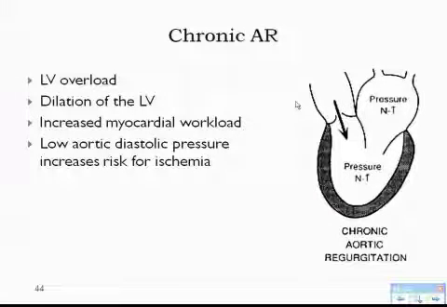It increases the myocardial workload because of the increases in pressure, and you can also have a low aortic diastolic pressure, which increases the risk for ischemia, because remember your diastolic pressure is maintained by the valve being competent, and then when the counterpulsation occurs from the wave plus the normal compliance of the aorta compressing back down, it will cause the diastolic pressure to be maintained.